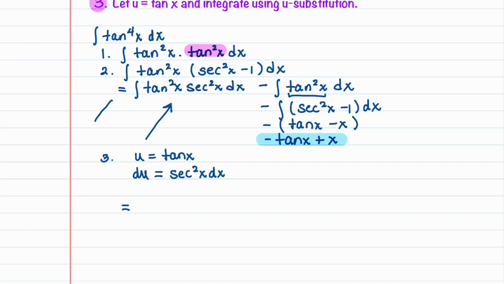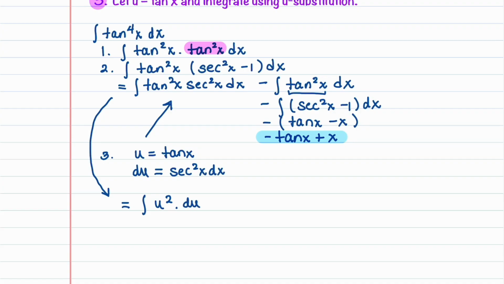We'll draw an arrow here so you can see where we are. We have now the integral tangent squared, so that's u squared, and then secant squared x dx is du. So this becomes u cubed over 3, and then u is tangent, so we have 1/3 tangent cubed x. And that's our first piece.